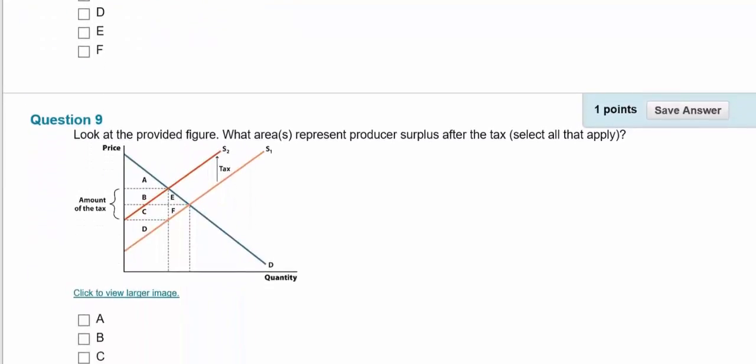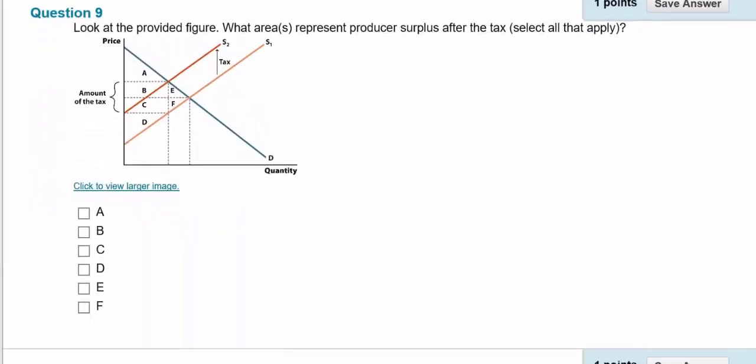Then we roll on to question 9, and it's asking us about producer surplus after the tax. Okay, so after the tax, this is where it gets a little more tricky. It's still simple, but this part can be confusing. The second supply curve is not actually what producers are supplying.